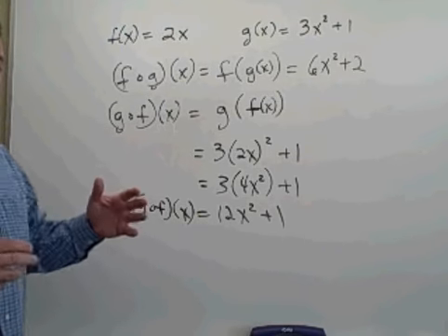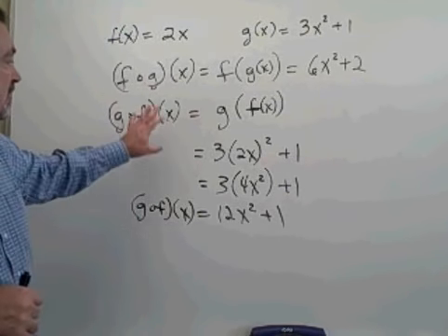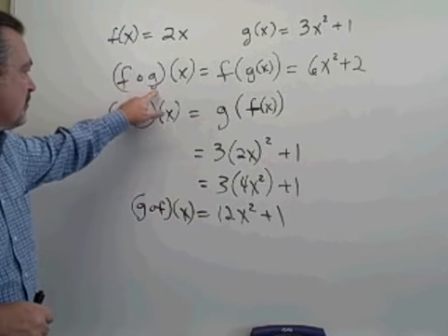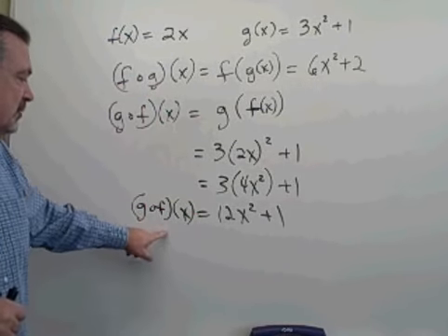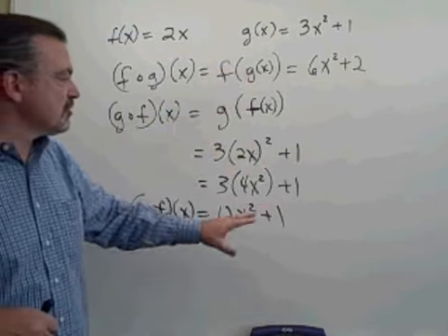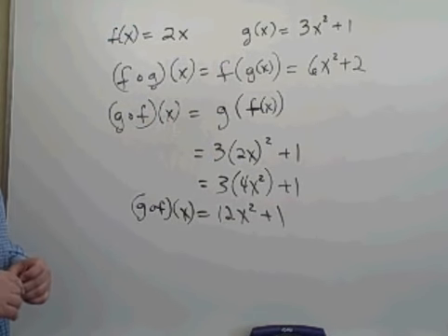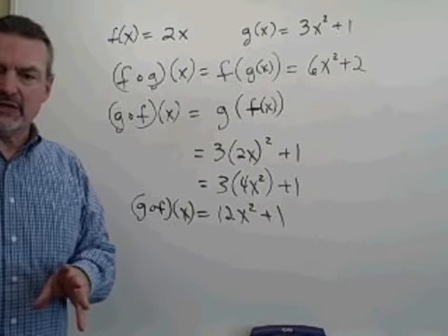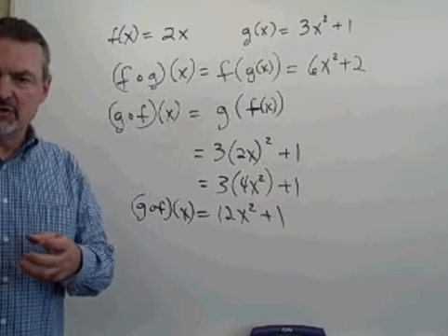And just as in those other circumstances, depending upon the direction you're performing the operation, here I'm composing f with g, here I'm composing g with f, I can produce two different functions. In the next video, we'll talk about how you evaluate the composition of functions.